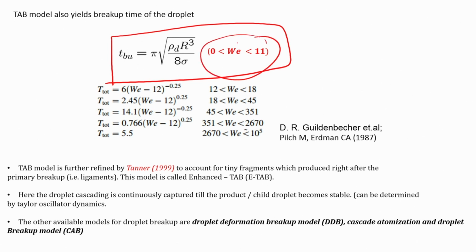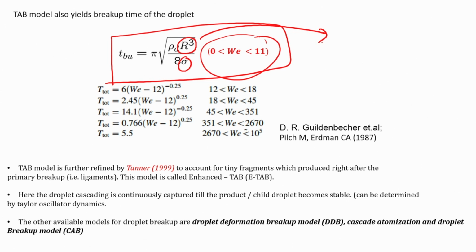So, as you can see, if you have a very low value of surface tension, what will happen, and what happens when you have, let us say, a small droplet. That can be left more like a homework exercise, where you can try to visualize yourself what will happen to the total breakup time.